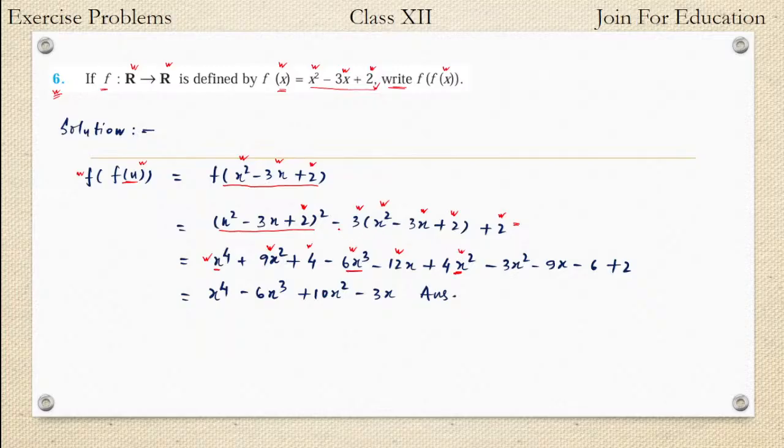And we multiply all of these three terms by 3, then we get minus 3x square, here will be plus 9x, and this is minus 6 plus 2. After the simple calculation, we get x to the power 4 minus 6x cube plus 10x square minus 3x. So this is the answer of this question.